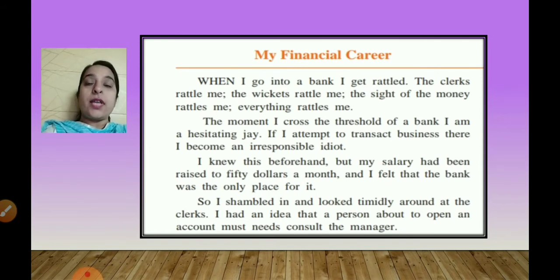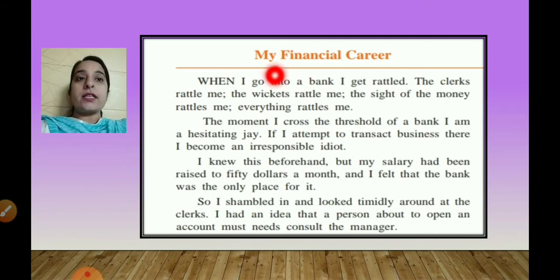So, children, when the narrator went to the bank, he was very worried, or you can say he was very nervous. So, what made him nervous? The clerks, the wickets, sight of the money, and everything around. So, children, what do you mean by wickets?